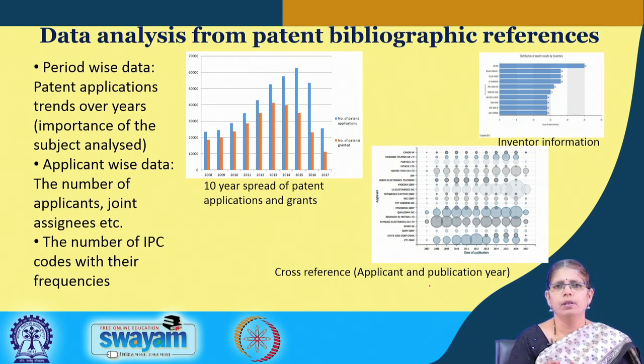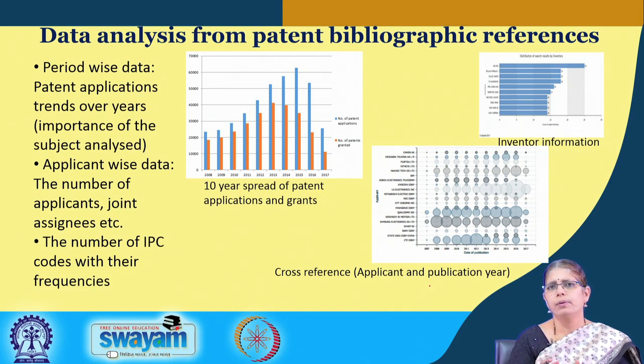So, how much application filing is happening? This is typically the information that you get from published patent application information, and how many of them are moving into grants. So, it pretty much gives us an idea about the growth of a particular technology in relation to patent filing and grants.